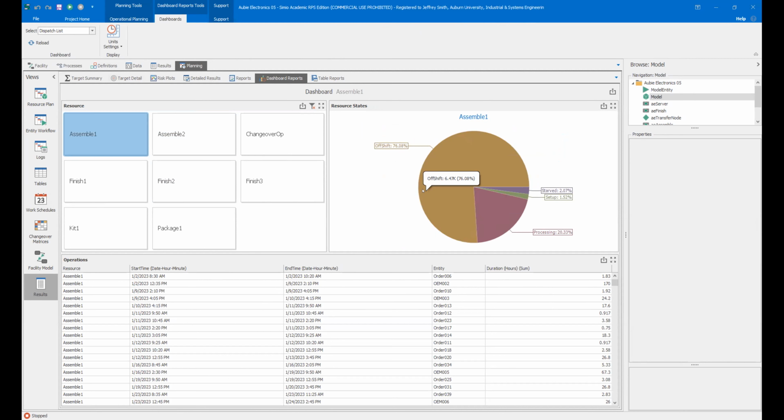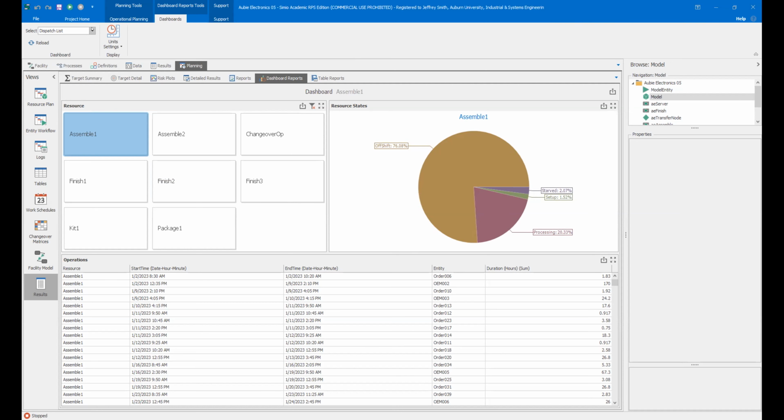If I were to ask what's the utilization of this assemble 1, well, 20.33% is really not what we would consider the utilization, because that 20.33 considers the entire 24-hour day, and you have all of this off shift time. Okay, you see what I'm saying? So that interpretation, since now we have off shift time, is a little bit different.